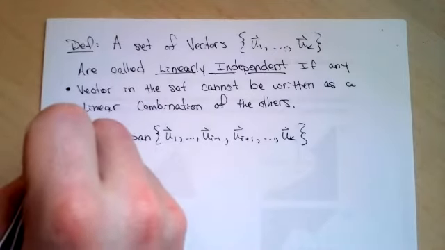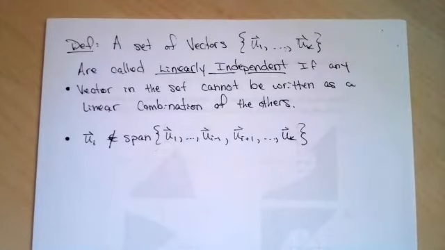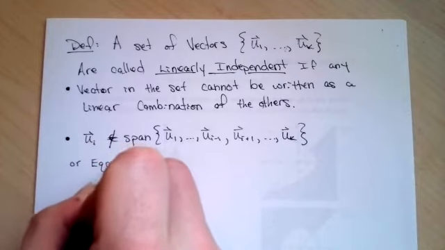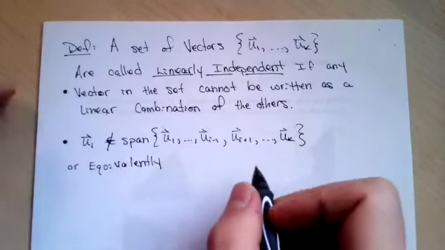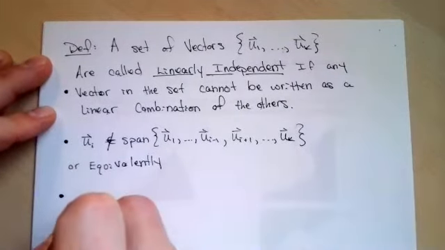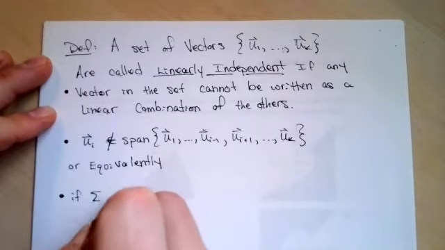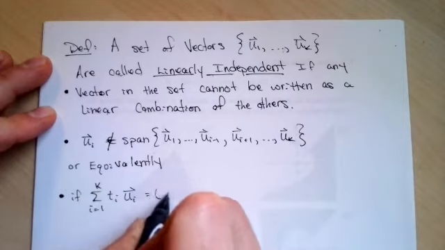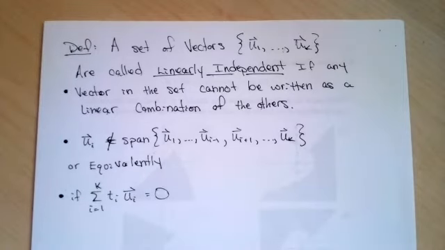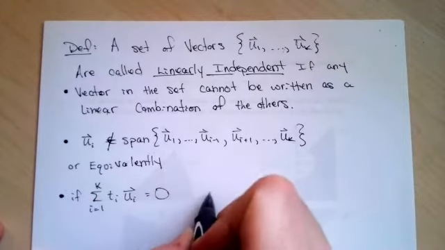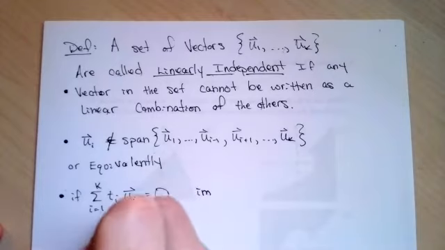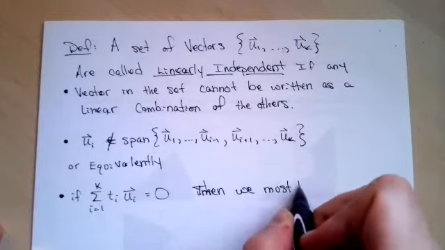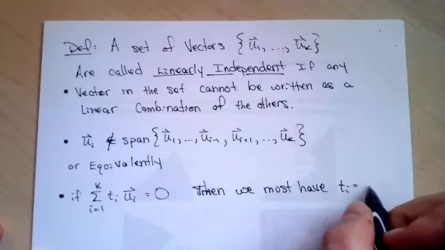We can come up with an equivalent phrasing in terms of the span, or a third equivalent definition: if we take a linear combination of the vectors and get 0, then the only time this can occur, so if the linear combination is equal to 0, then we must have all of the constants equal to 0.